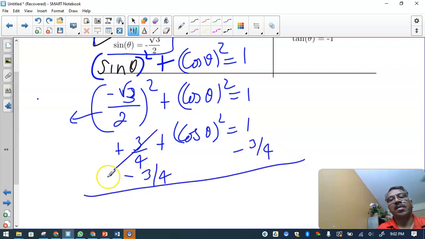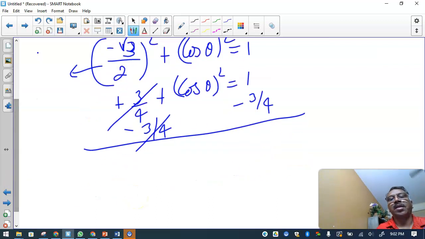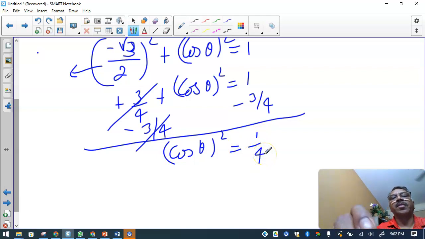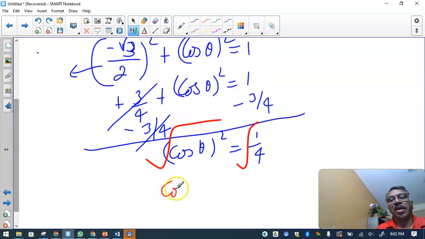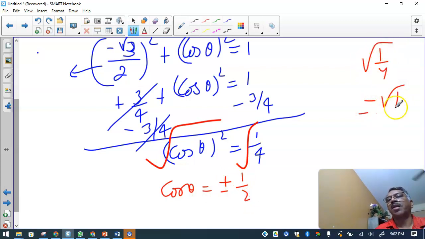So this goes away, and cosine theta squared will be 1 minus 3/4, which is 1/4. And then you put a square root on both sides. Cosine theta will be plus or minus a half, because the square root of 1/4 is square root of 1 over square root of 4, which is 1/2.